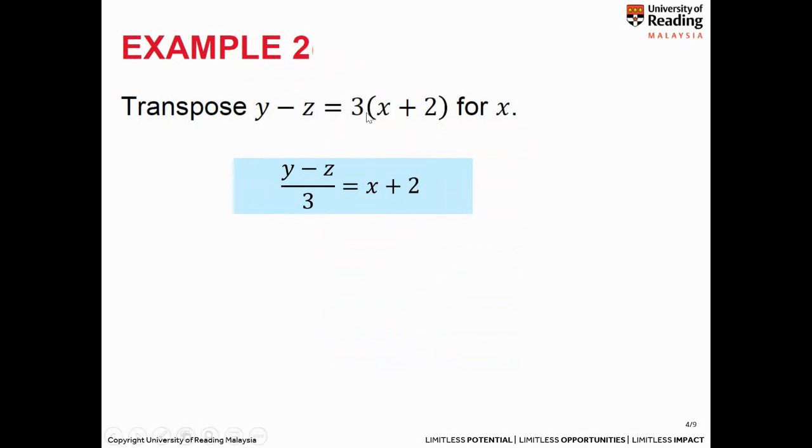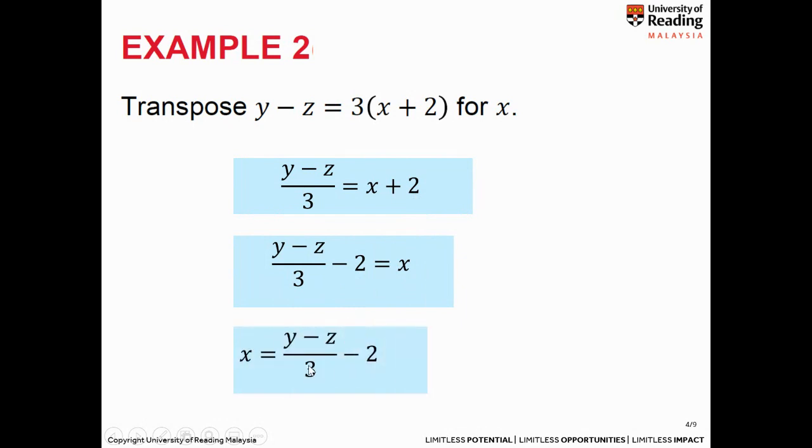This is bracket, meaning multiply. We follow the guideline. You bring it from right hand side to left hand side, it becomes the denominator of a fraction. After that, x plus 2. If you bring the plus 2 from right hand side to the left hand side, it becomes minus 2. So your answer will be x equal to y minus z over 3 and minus 2.